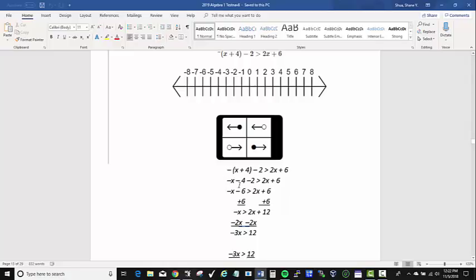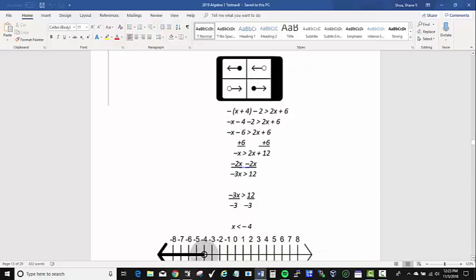So that's a negative x minus 4 minus 2 greater than 2x plus 6. Combine like terms, negative x minus 6 greater than 2x plus 6. If I add 6 on both sides, that's a negative x greater than 2x plus 12. If I subtract 2x both sides, that's a negative 3x is greater than 12.